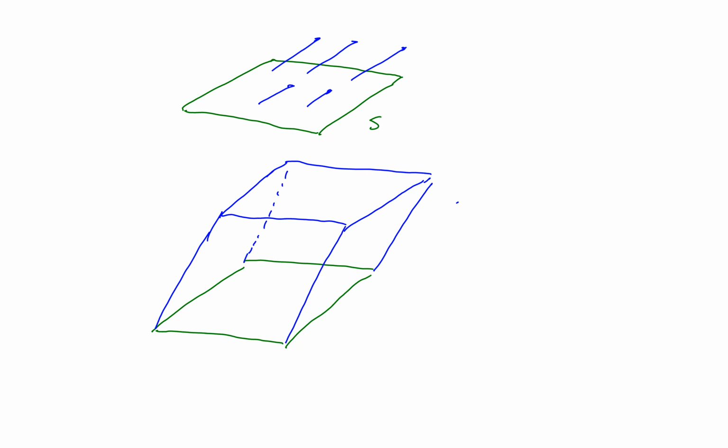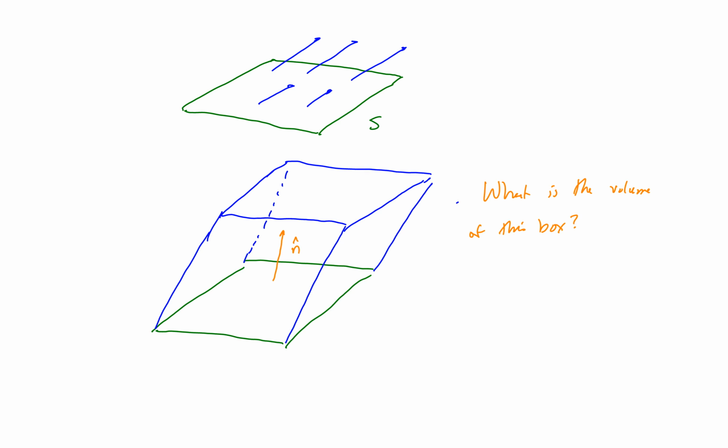And our unit normal here maybe looks like this. This is our n hat. We're still assuming the surface is nice and flat, so we'll take this unit normal to be just constant everywhere. So what we want is, what is the volume of this box?